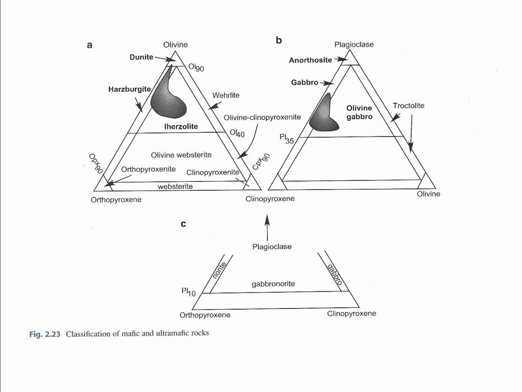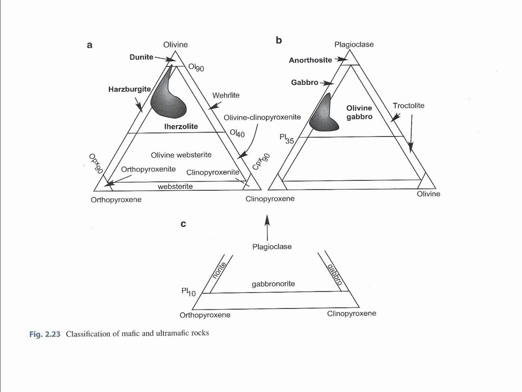If you look at diagram C, we have a more detailed lower part of different gabbros. At one corner we have orthopyroxene and clinopyroxene instead of olivine, but at the top we also have plagioclase.